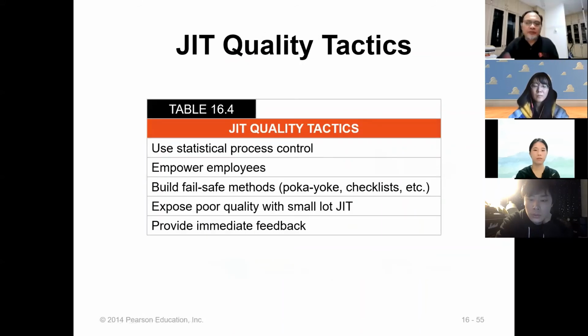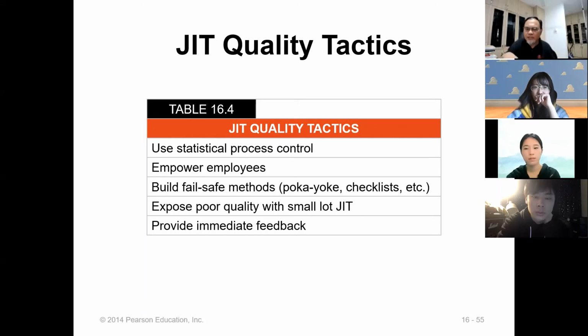So I think it's also integrated with quality tactics. We need to use SPC. We need to empower employees. That means it is integrated. Any lean operations is going to integrate with total quality management as well. You cannot operate a company where you are only good in processes, but not good in managing and controlling quality.